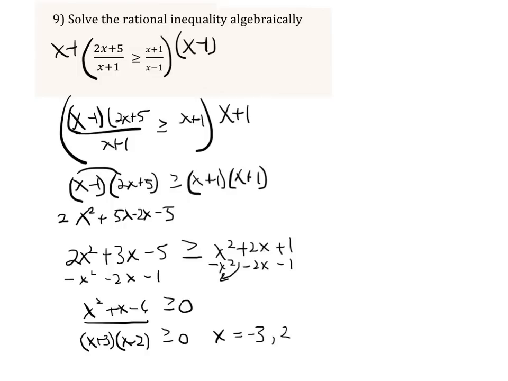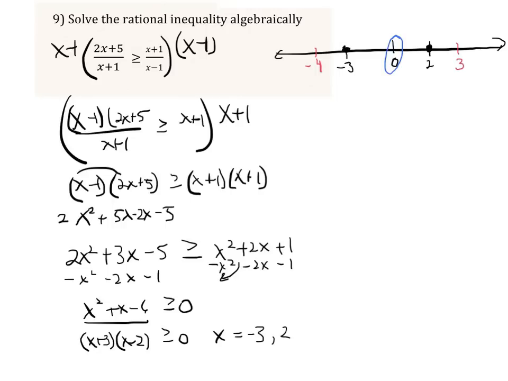We create our line here, 2, negative 3. So we have our number line. Alright, so then I want to pick some numbers to the left, say negative 4, and to the right, 3. And then I'm going to pick something in between, 0. And again, I'm going to put solid dots on negative 3 and 2 because we're greater than or equal to.